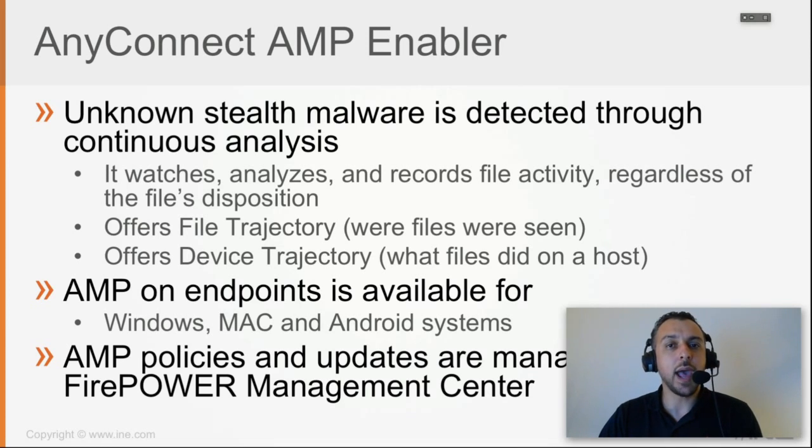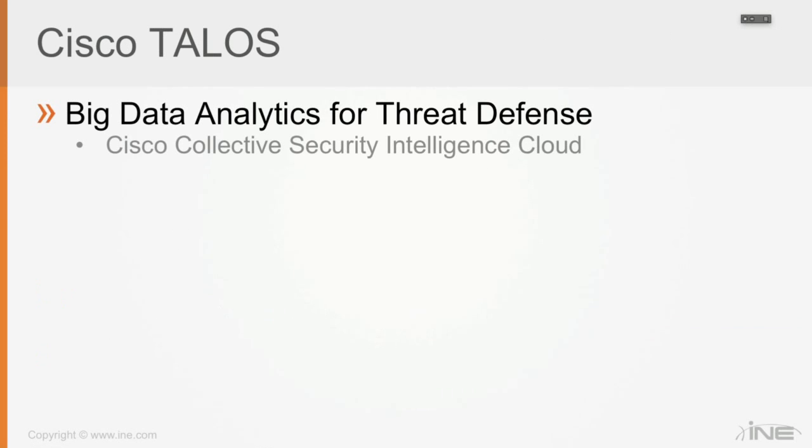But how is AMP actually able to detect a lot of new malware? It's through a centralized intelligence, which is Cisco Talos. Cisco Talos is a very big thing, big data analytics for threat defense scope. It's also known under the term Cisco Collective Security Intelligence Cloud.